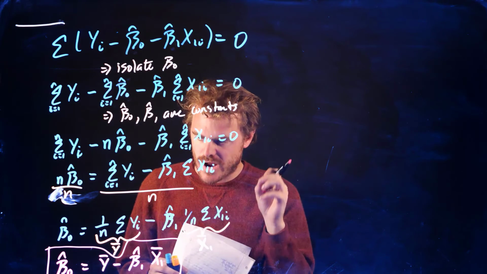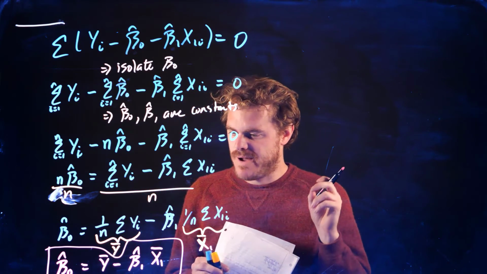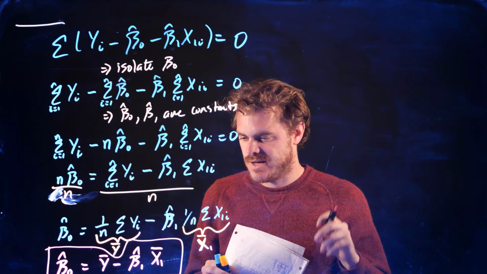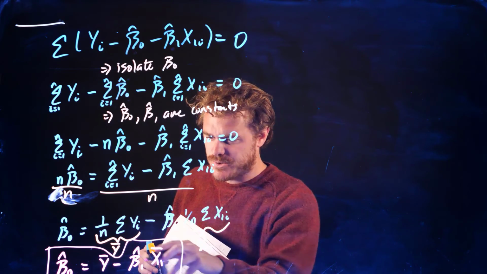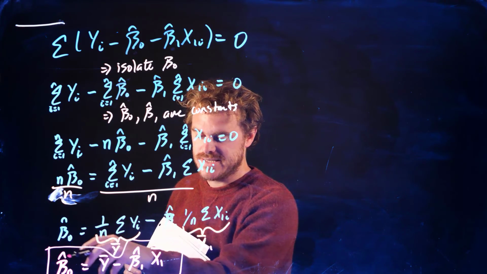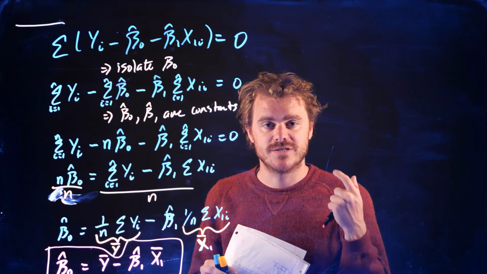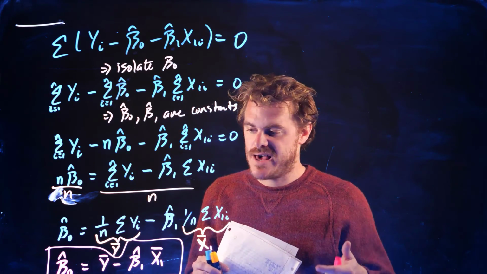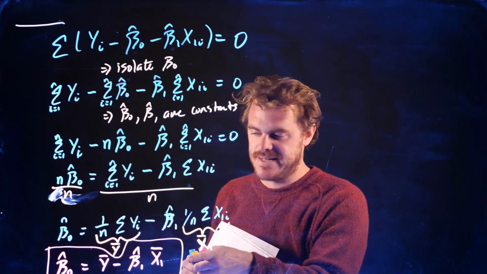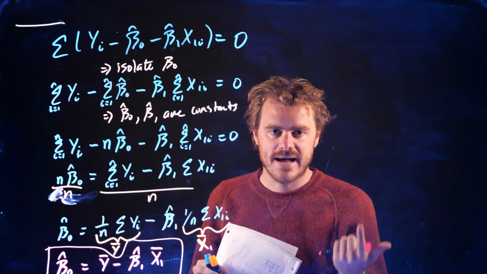And so that's our estimator for beta hat 0: y bar minus beta hat 1 times the sample average of x_1. We're going to have to solve for the other one now, right? We take this and plug it into that other first derivative that we took before. Once we solve that, we're going to get an estimator for beta hat 1. Beta hat 0, this is our estimator. Now we're going to plug that in to get a rule, or an estimator, for beta hat 1.